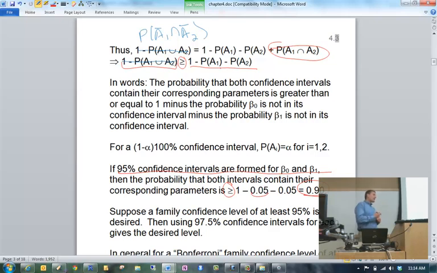What this also provides is a way to go the opposite direction. Let's say that I want to control my overall confidence level, my family confidence level, to be 90%. Then, working backwards, you can say that I need to use 95% confidence intervals for each parameter.